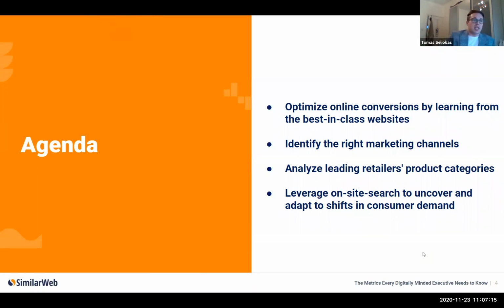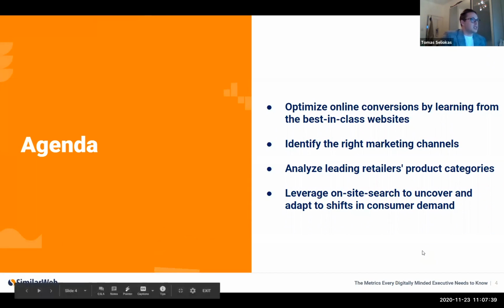This is why we have data for leading retailers on how their categories are performing, and you can even look deeper into categories. One of the things you can go deeper into is on-site search, to uncover and adapt to shifts in consumer demand, understand brand demand on a specific retailer, and compare it to the competition as well.